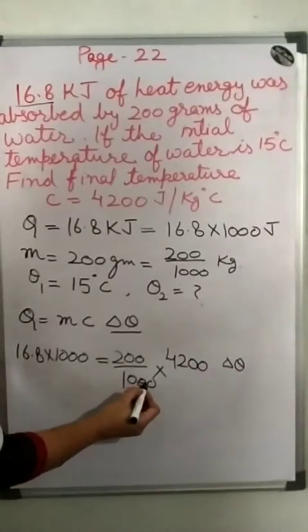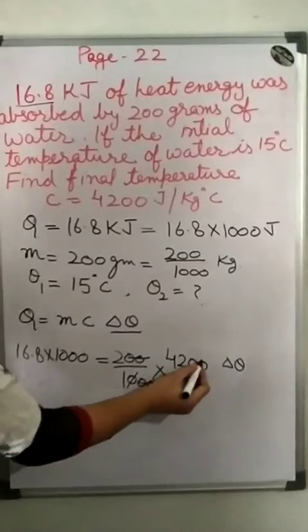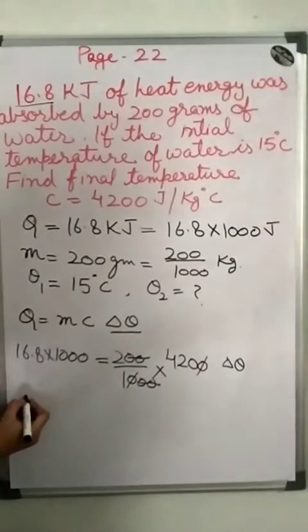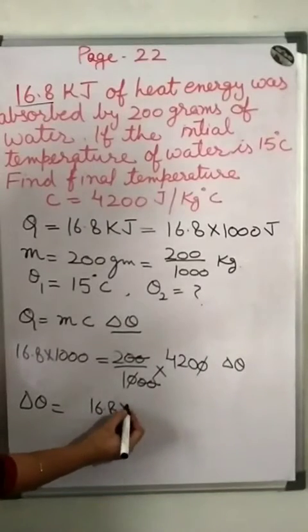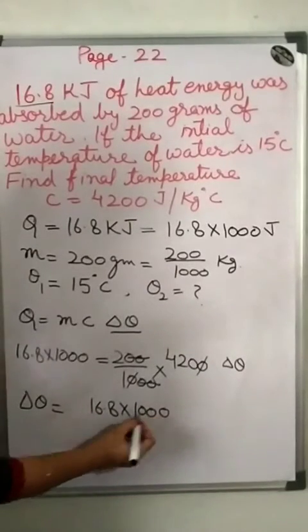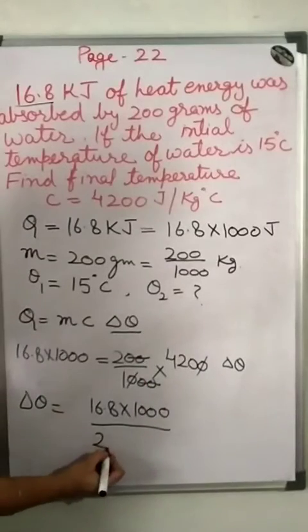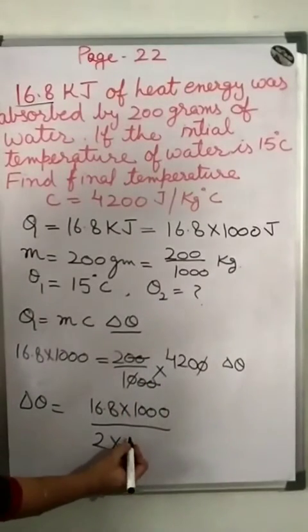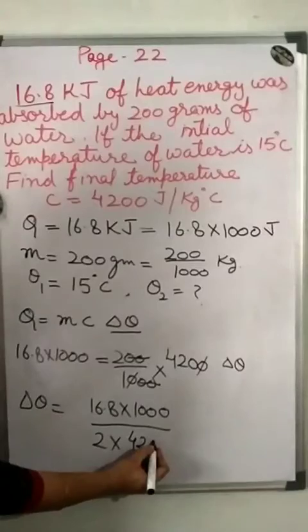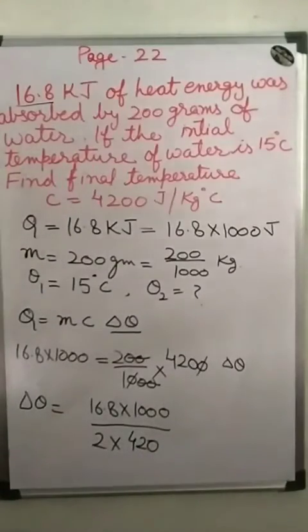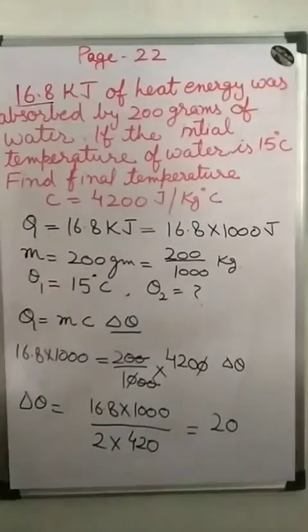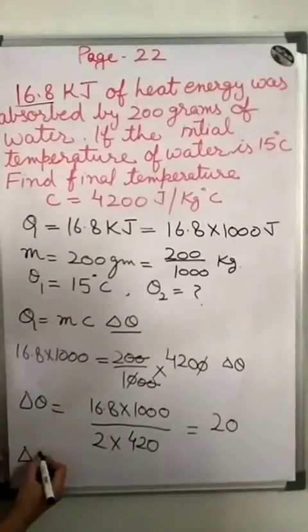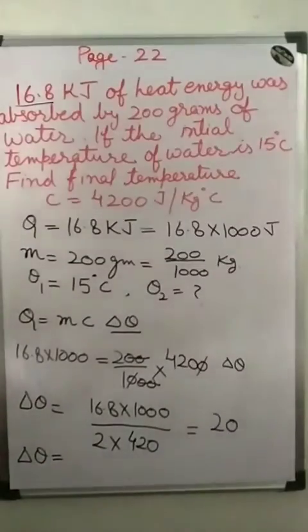So now cut the values in this way, and delta theta is equivalent to 16.8 multiply 1000 upon 2 comes here, and this 4200 also here we write. So the answer is, solve it and you find the answer, that is 20.